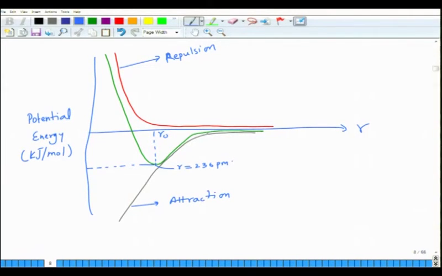So you can see that higher distances give you higher energy. At this distance you have lower energy. This is R in picometer, and at very low values you have very high repulsion. If you go lower than 236 your repulsion increases, and if you go higher than 236, then although it is attractive, the energy is not minimum, the energy tends to increase.